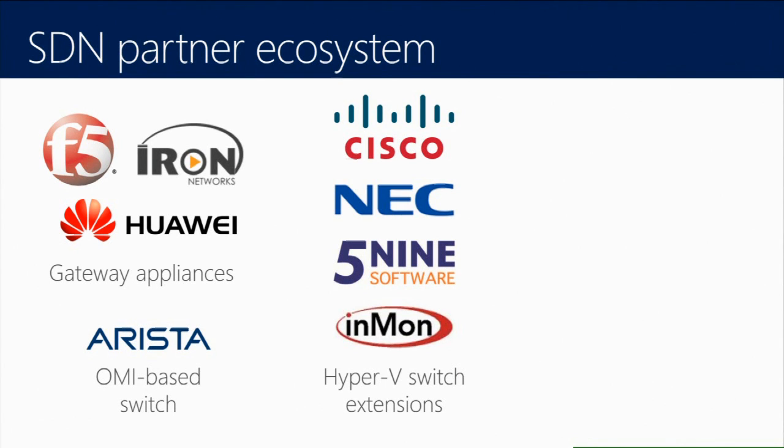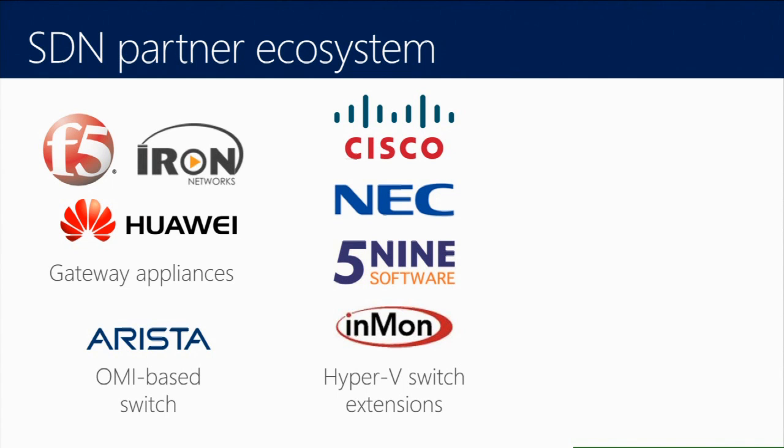NEC has built a programmable flow vSwitch extension in their PF1000, and the SDN controller, the OpenFlow controller that NEC builds, is able to interoperate with Hyper-V network virtualization. So those customers who are using NEC and are having OpenFlow in their enterprises, in their deployments, in their data centers, can use the NEC vSwitch extension.